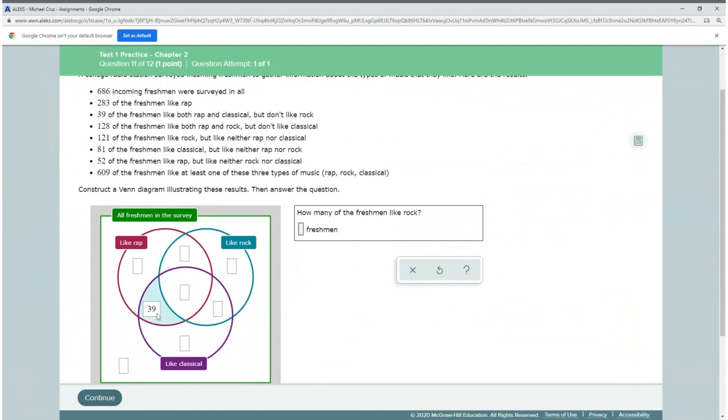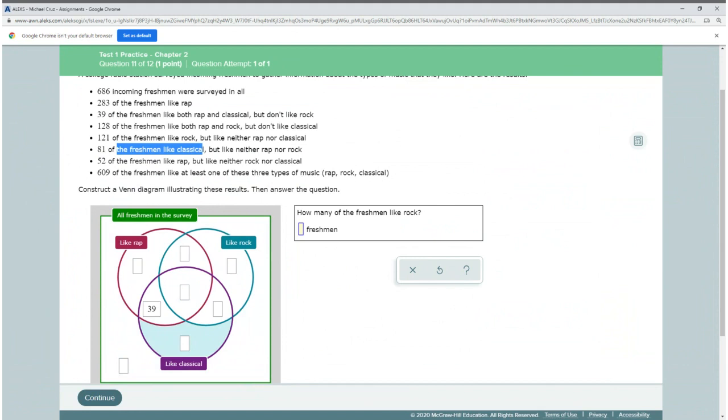So 81 like classical, but like neither rap nor rock.